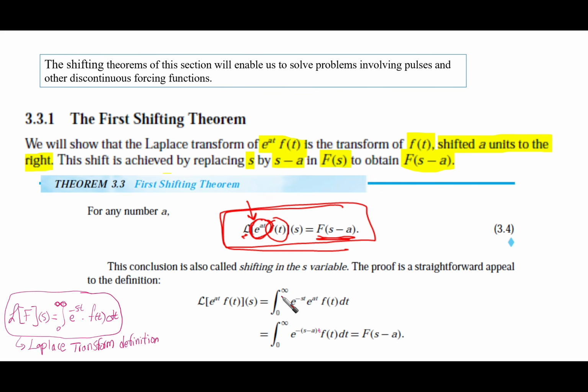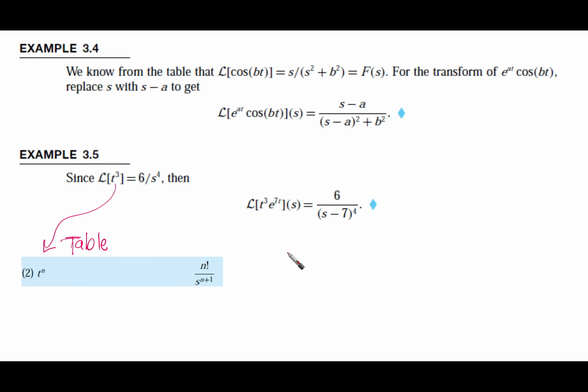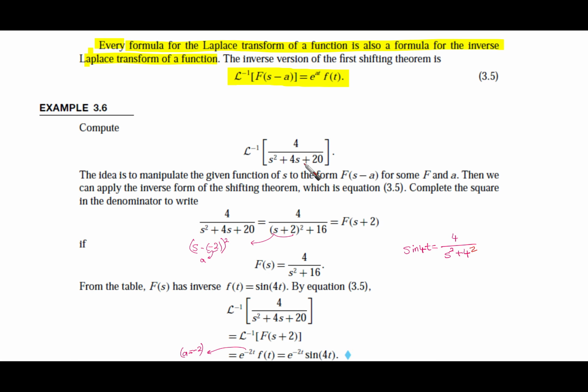Then we found that the Laplace transform of this shifting theorem is going to give us our function. So if we have something here and it is the Laplace transform, if we take the inverse of it, which is easy for us to obtain using the table, we can obtain the function itself times e to the at. It will be easy for us to solve.